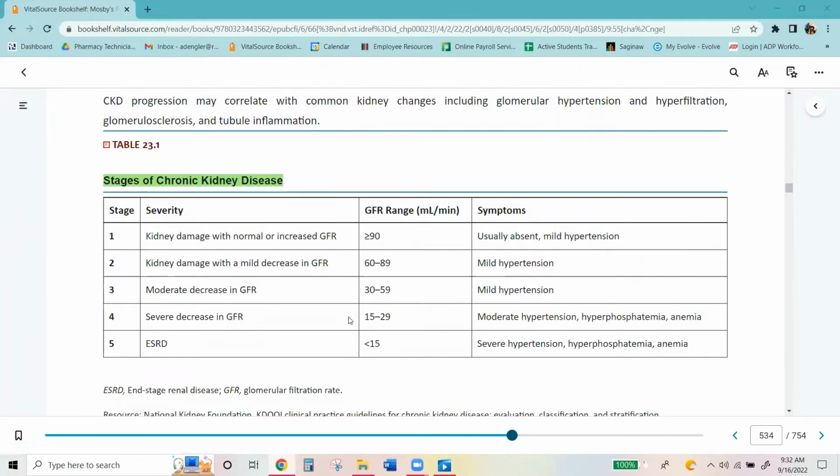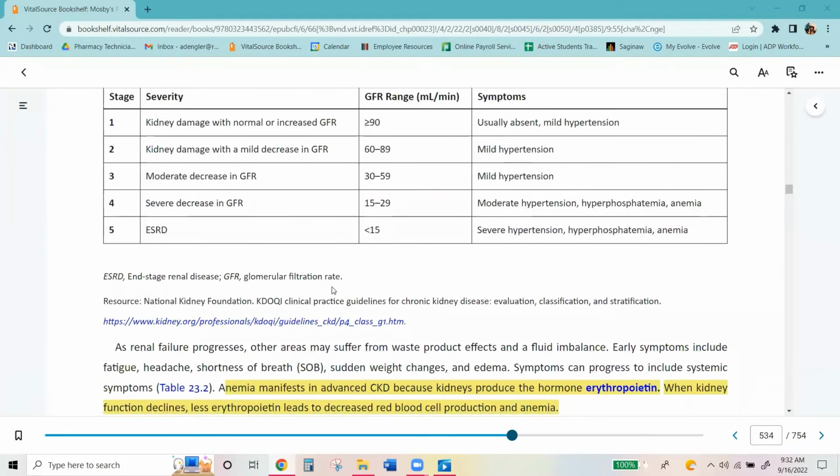Table 23.1 lists the stages of chronic kidney disease, stage 1 being kidney damage with normal or increased GFR, and stage 5 being end-stage renal disease. Severe hypertension, hyperphosphatemia, and anemia are symptoms of that.